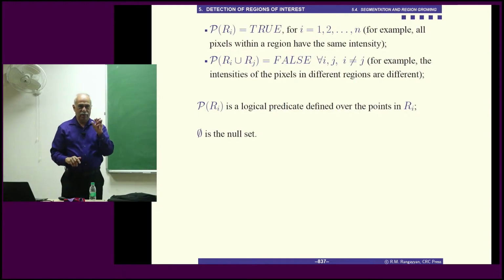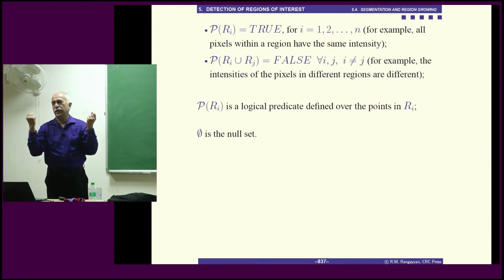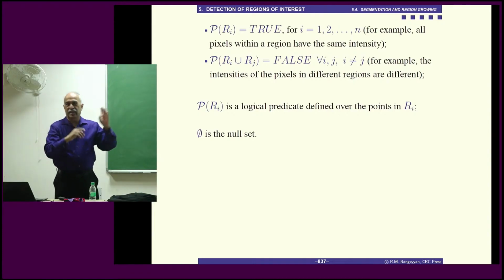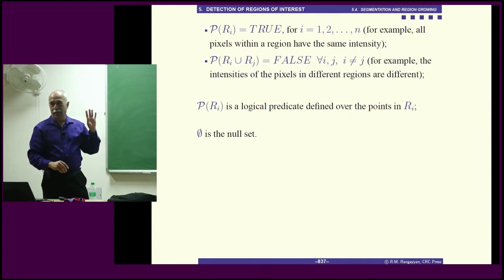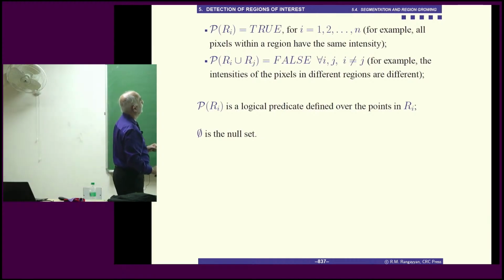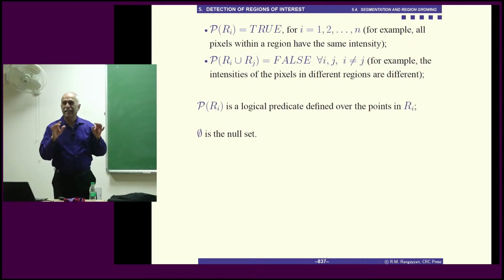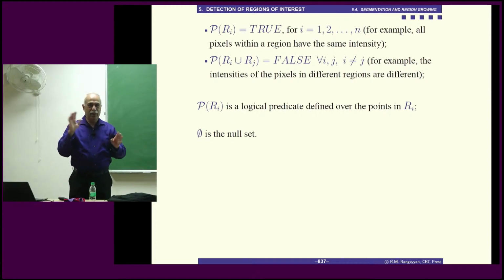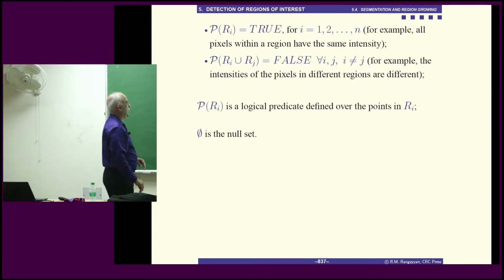That doesn't apply in the case of mammograms, because there are multiple calcifications. This calcification, that calcification will have the same property. So that doesn't apply. The intensities of the pixels in different regions are different, but in mammograms that's not applicable.